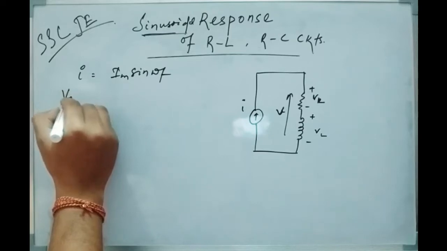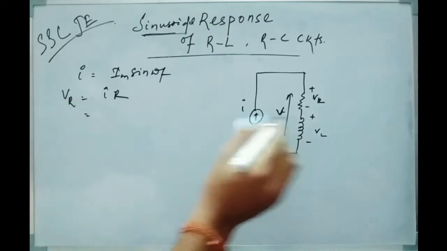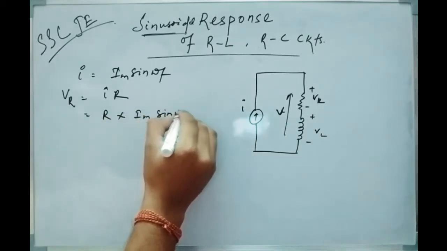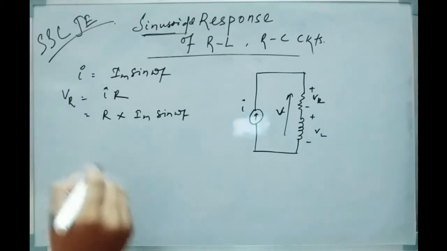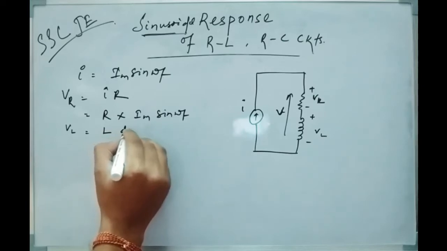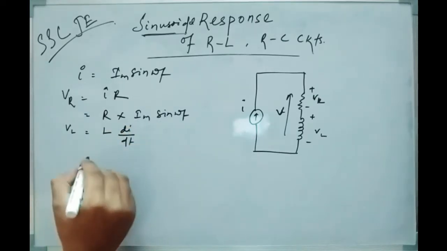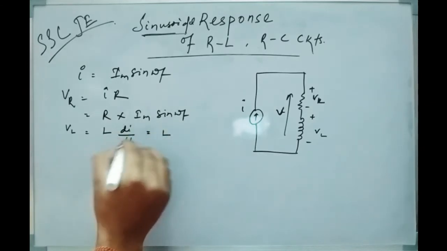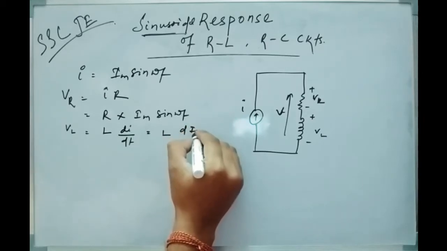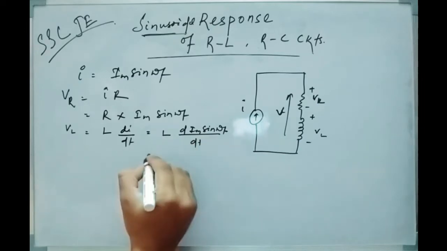So we know VR is I into R, that is R into Im sin omega t. And how much is VL? VL is L di by dt. So we can find the derivative of Im sin omega t divided by dt.